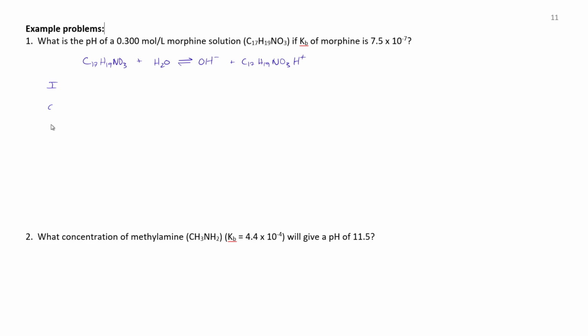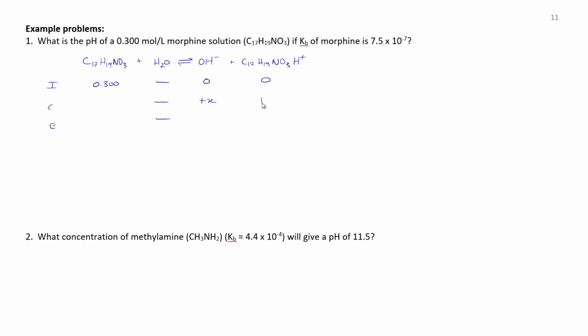We make our ICE chart, and then we input the lines for water because it is a pure liquid, so its concentration is density and therefore a constant. We input our initial concentration of the morphine solution. We have no concentration of these two species, so we know that the equilibrium is going to shift right.